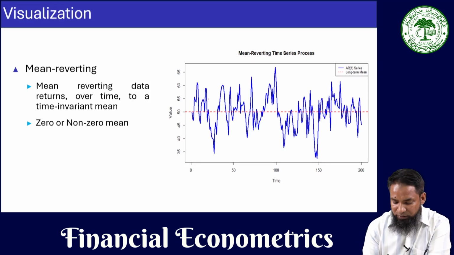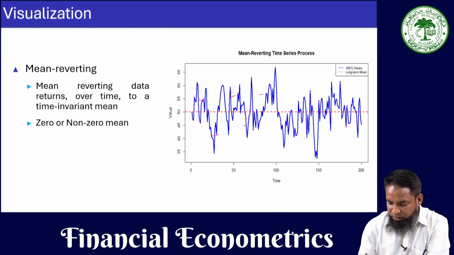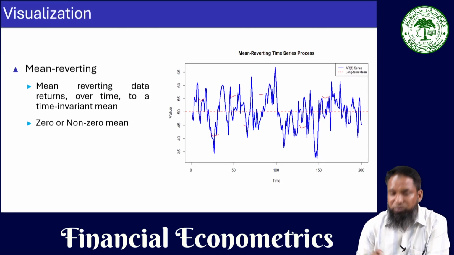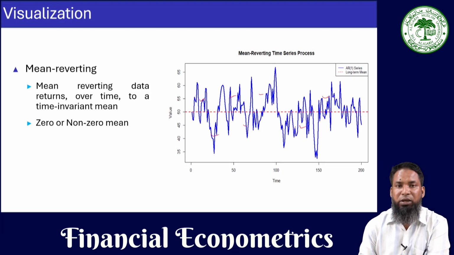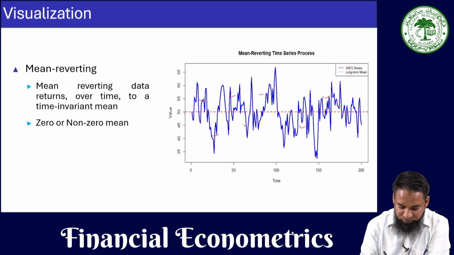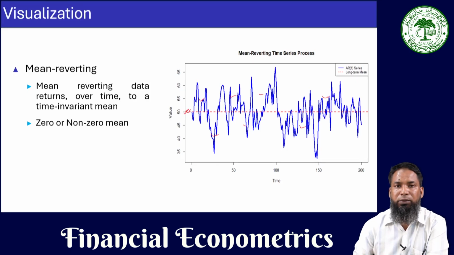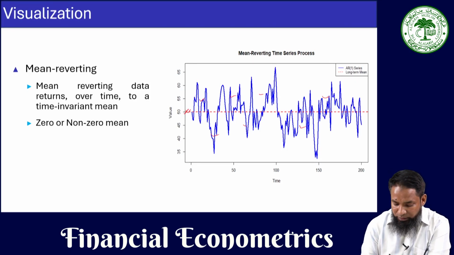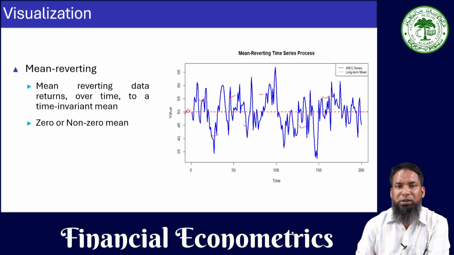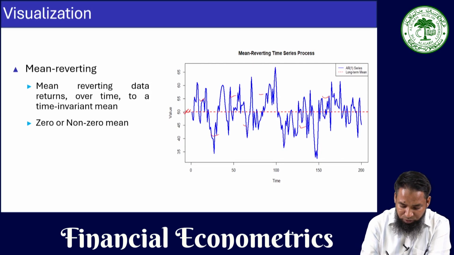If you see here, some of the data lie in this part, some here, again some here, some here. If we take the average of this data, the average is fixed around 50. So as time passes, the mean of this time series reverts back to mu equal to 50.